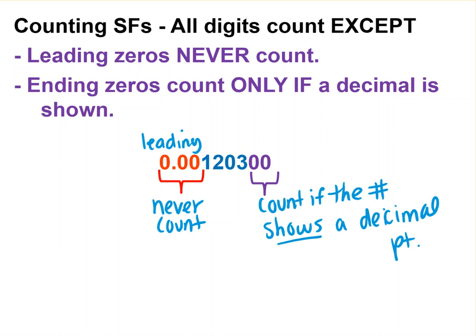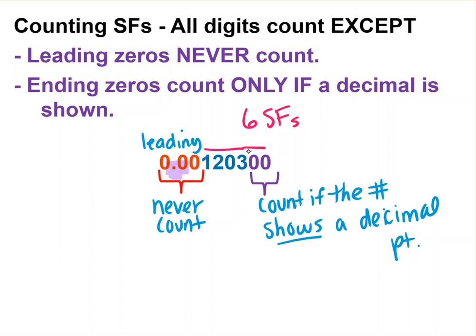In other words, when I say it shows a decimal point, I'm talking about it actually showing that dot there. If you see the dot, then the ending zeros count. So non-zero digits always count. So non-zero and sandwiched count. So everything counts except for leading and ending if there's no decimal. There's a decimal in this one, so this one counts. So this number has 6 sig figs.